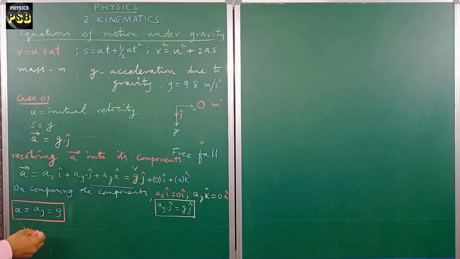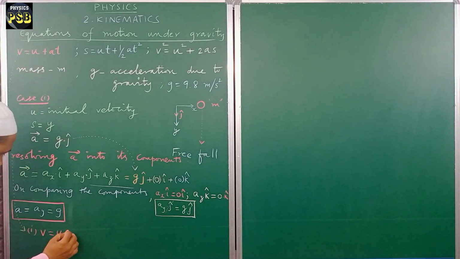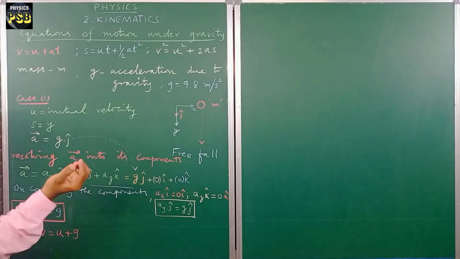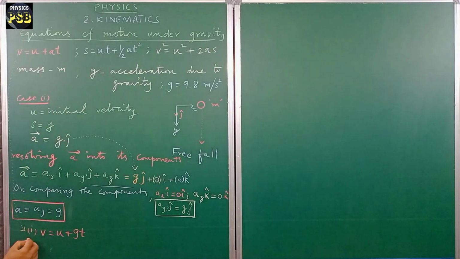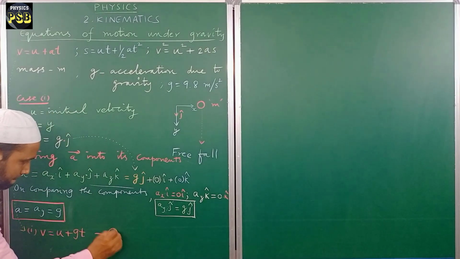First equation of motion, which provides us the velocity with which the object is under motion. V is equal to initial velocity u, it's taken as such. In the place of a, now what I get? I have to write g. Fine. t is written as such. And that is equation number 1.